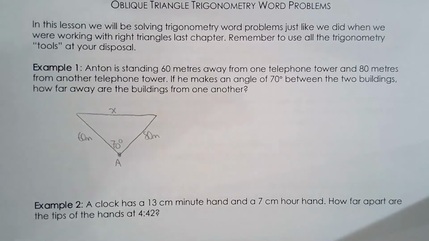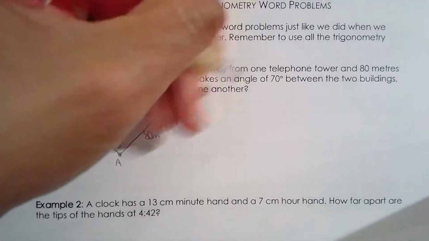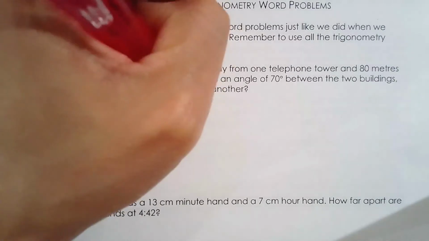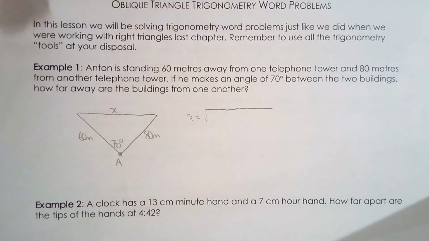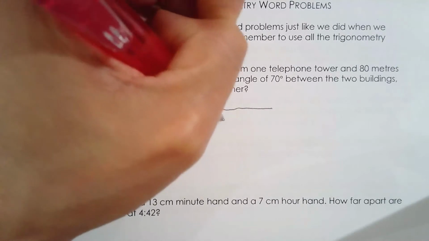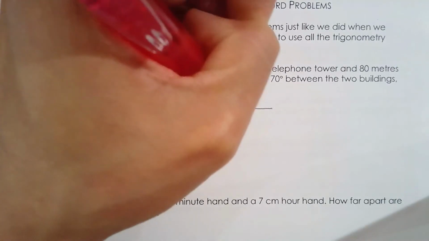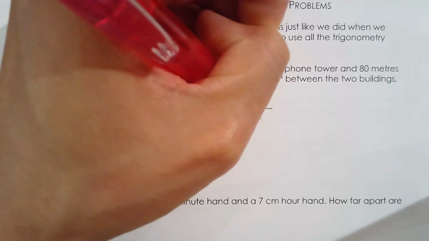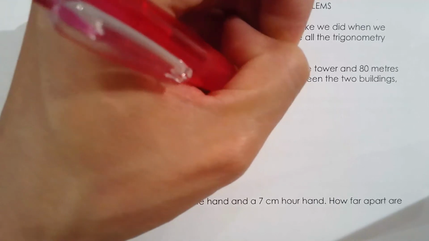Now we just have to pick the right trig tool and solve for x. Side angle side, so let's use the cosine law. So x squared is equal to 60 squared plus 80 squared minus 2 times 60 times 80 times cos 70 degrees.